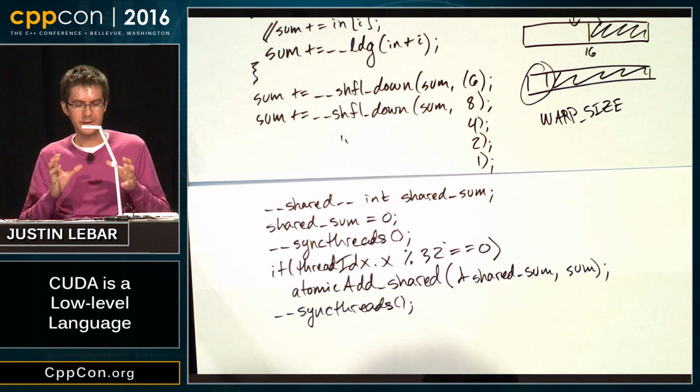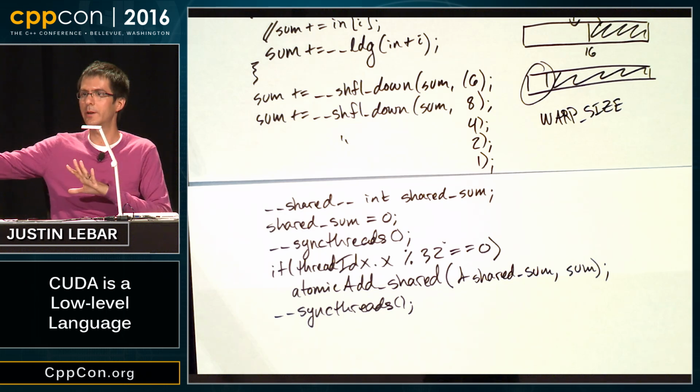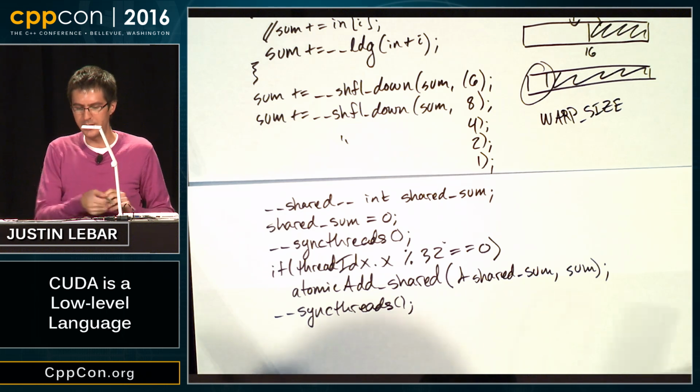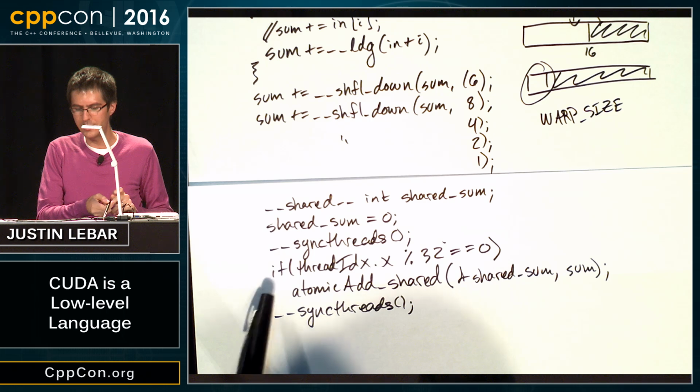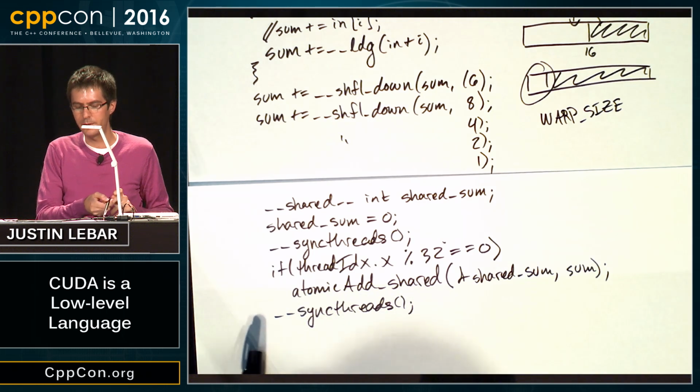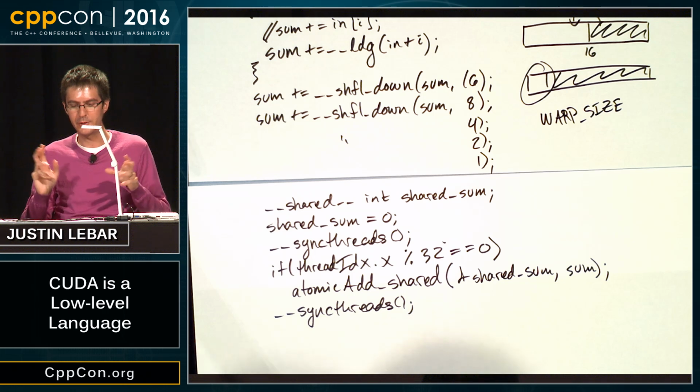If all the threads in that warp take the same direction on the conditional branch, we just go there, wherever that is. But in this case, that's not true. One of the threads in the warp is going in here, and the other threads in the warp are going down here, right? So in this case, we have what we call a divergent branch.